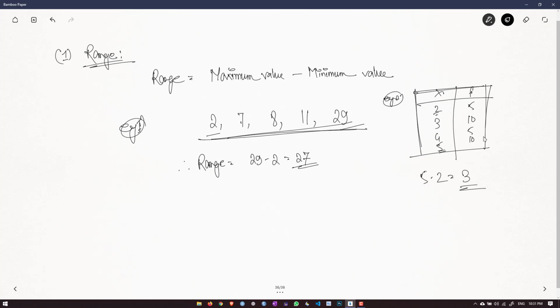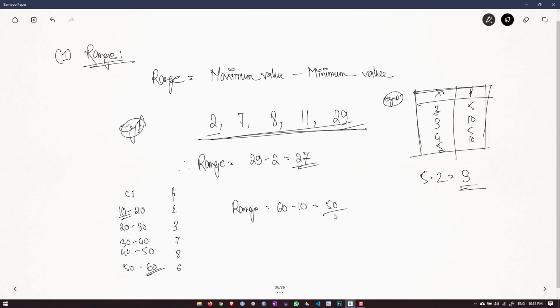Example 2 is discrete frequency. In case of continuous frequency, for example, if you have classes 10 to 20, 20 to 30, 30 to 40, 40 to 50 and 50 to 60 with frequencies 2, 3, 7, 8, 6, this will be the class interval. In that case, the range will be the last value, 60, minus the first value, 10.